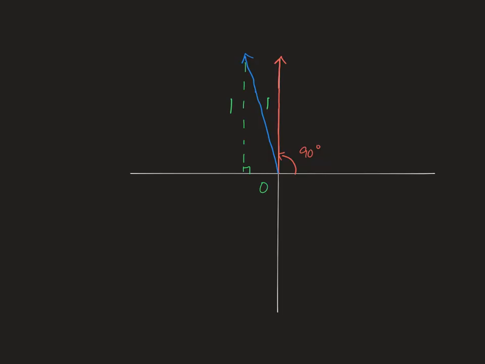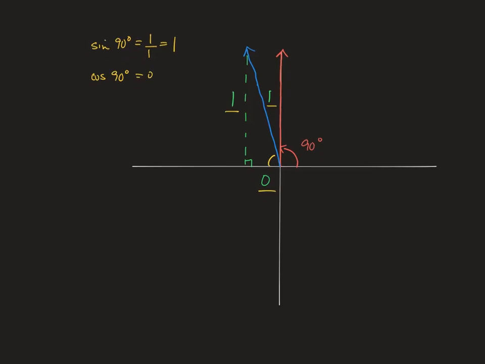And now that we have those 3 sides of the triangle, we can determine our ratios. So I know that my sine of 90 degrees would be my opposite over hypotenuse. I know that my cos of 90 degrees would be adjacent over hypotenuse.